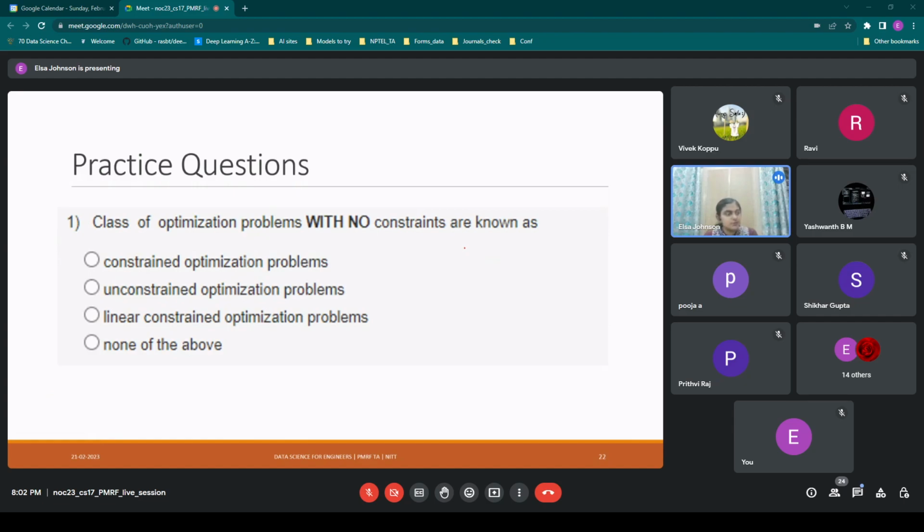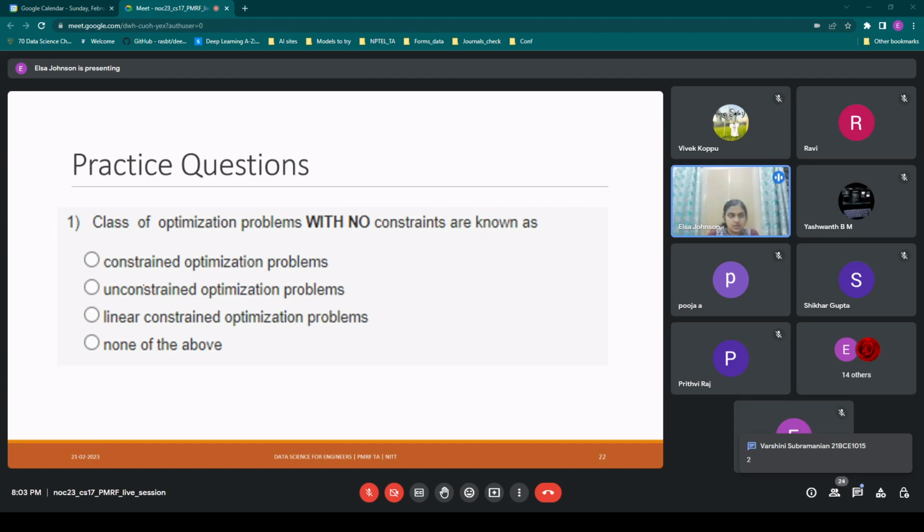So now you have to give the answers to these questions. Can you give the answer to this one? Class of optimization problems with no constraints are known as? Okay, B. Kavita has given constraint, version 2. Yeah, that is right. So this one is the answer.